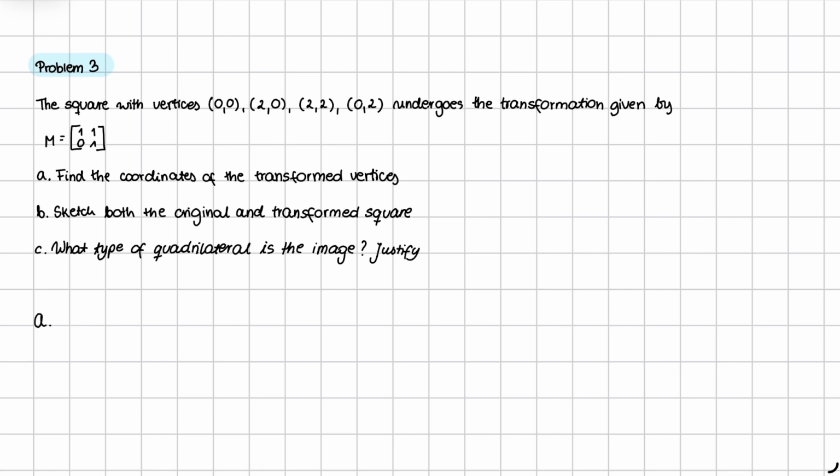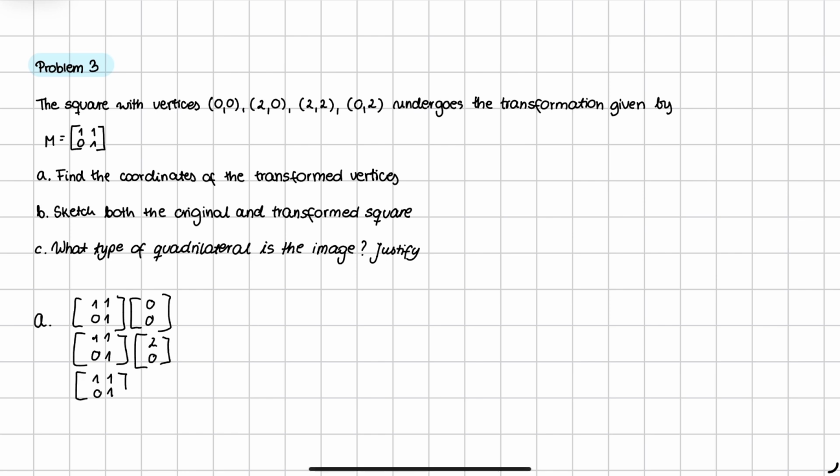So we have to calculate each transformed point, so every image of our original point. Basically we have to multiply our matrix M with our first point, then our matrix M with our second vertex, and so on.